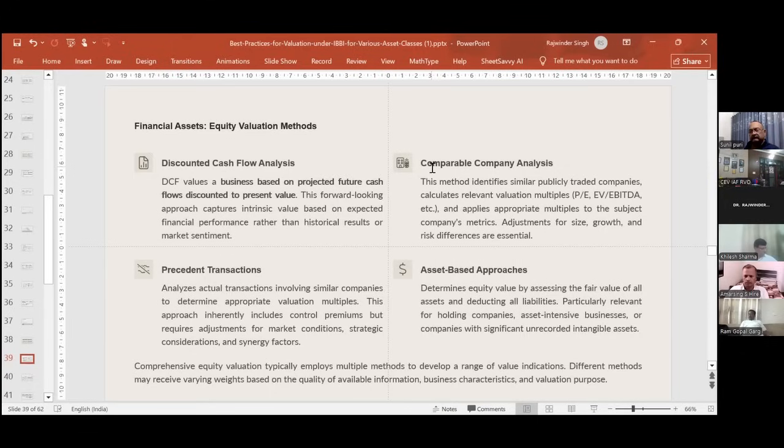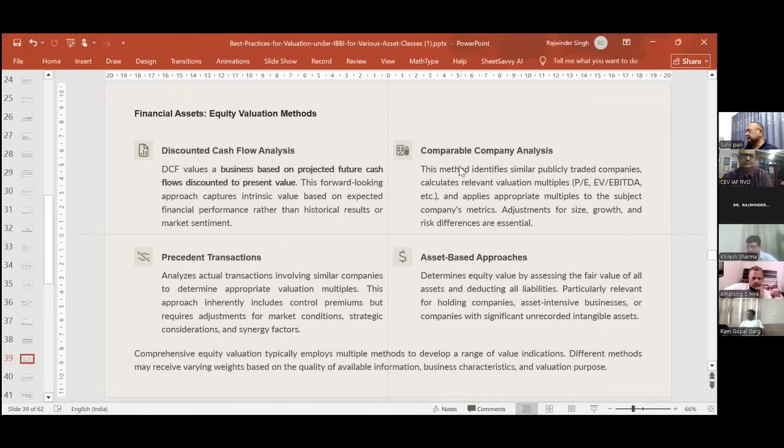Comprehensive equity valuations typically employ multiple methods to develop a range of value indications. Different methods may receive varying weights based on the quality of available information, business characteristics, and valuation purpose.